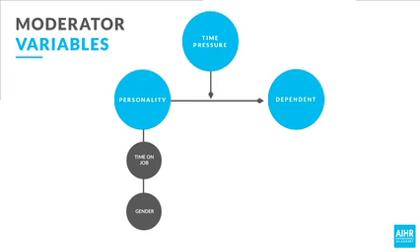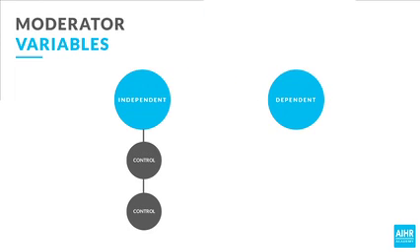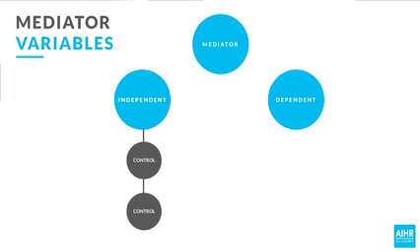And again, we include the same control variables that we always included, in this case time on the job and gender and probably some more. So that was the moderator variable. You also have a mediator variable. A mediator variable means that the effect between the independent and the dependent variable is mediated by that specific variable.